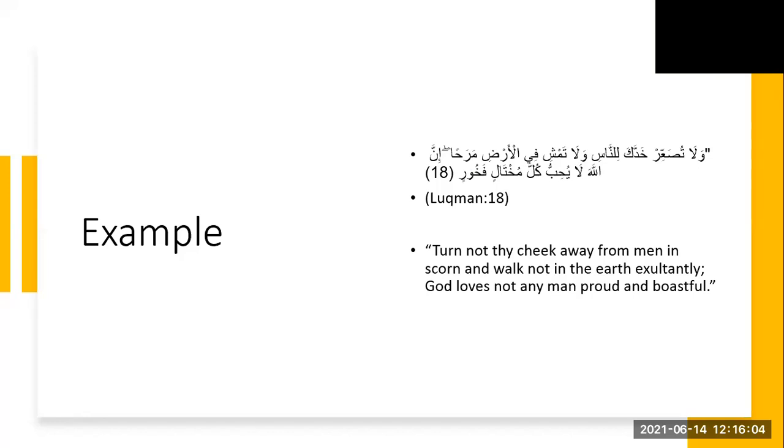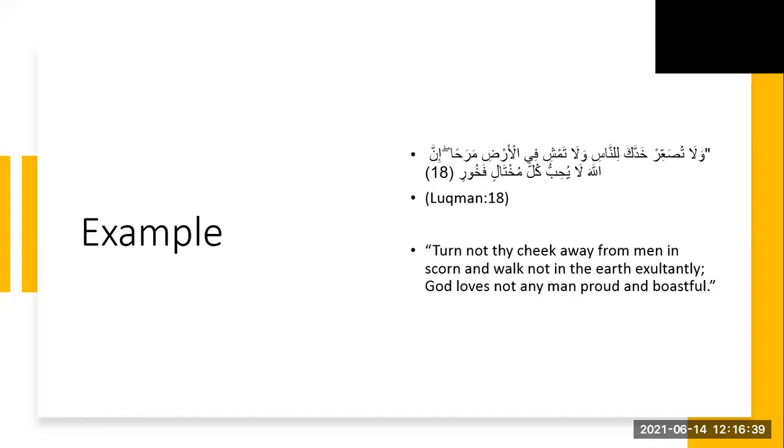Example, في قوله تعالى: ولا تصعر خدك للناس ولا تمشي في الأرض مرحا إن الله لا يحب كل مختال فخور. صدق الله العظيم. من سورة لقمان الآية رقم 18. Look at the English translation. You know, of course, perhaps first I have to explain the Arabic to you.